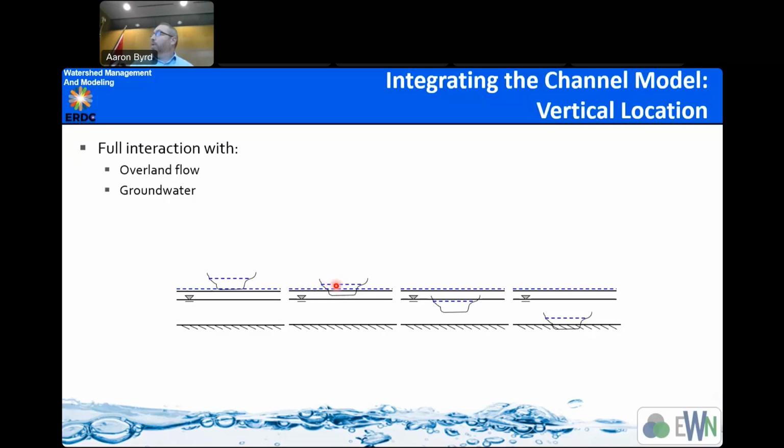If you have one-way interaction turned on, then what will happen is this water will just pond and stay here until it gets deep enough that it overtops the amount of water that's in here. Make sense? In this one, our channel bottom is below our groundwater. So now groundwater is going to come into our stream. So we're going to have a gaining stream, right?